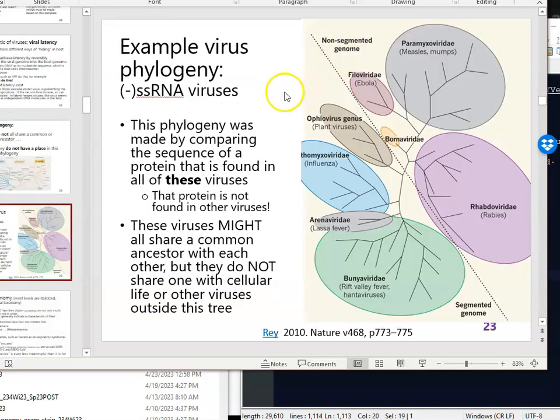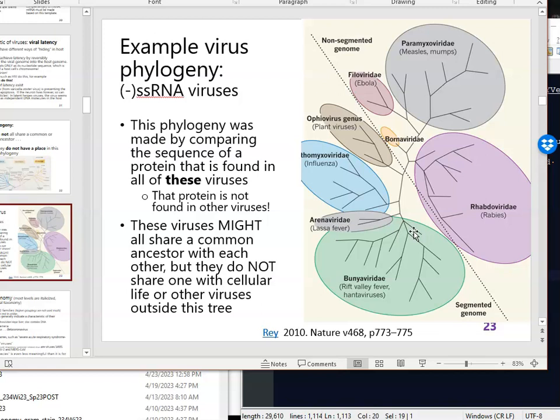There's also virus phylogeny. And this is a diagram of phylogeny of some RNA viruses, specifically negative sense single-stranded RNA viruses. We can see that these viruses share a common ancestor, but we don't know if they have a common ancestor with positive sense single-stranded RNA viruses or DNA viruses.